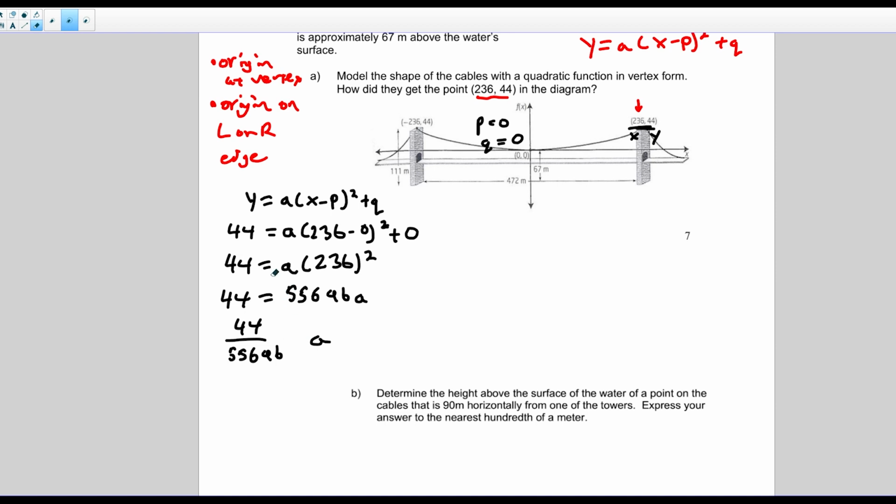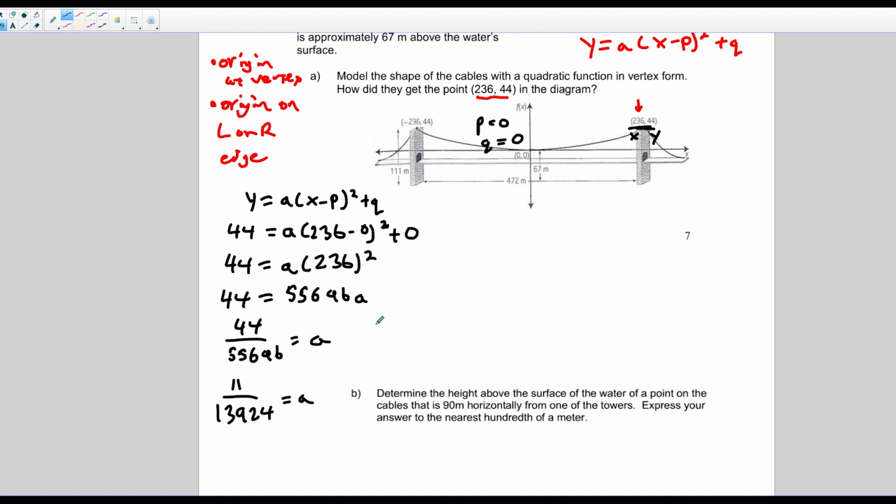Since our a value is positive, our parabola opens up, which it does. We can simplify this a little bit more. Divide both the top and the bottom by 4, or factor out a 4, and we get 11 over 13,924, which gives us our a value.